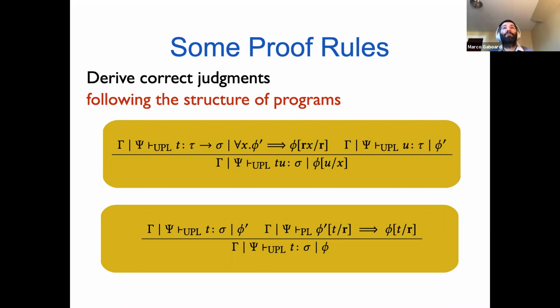Then if we have that U can prove phi prime, then we can prove the conclusion where we replace U with x. So the R now is still in phi, but we replace U with x. So this is the dependent part.